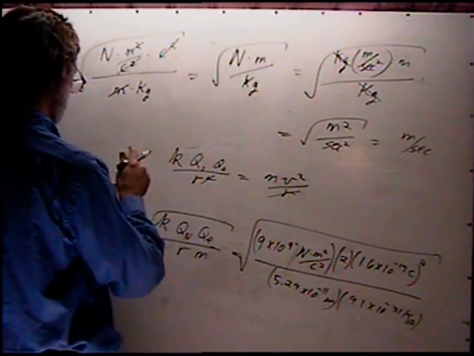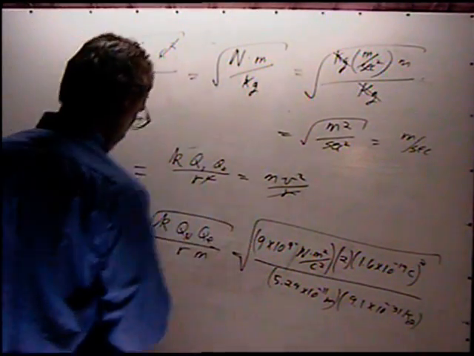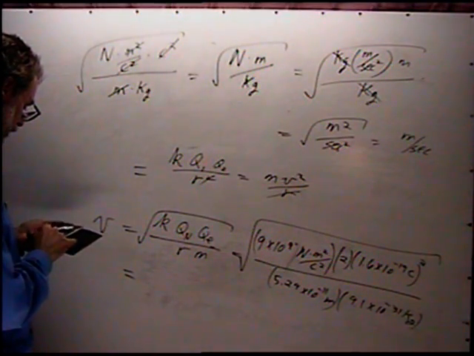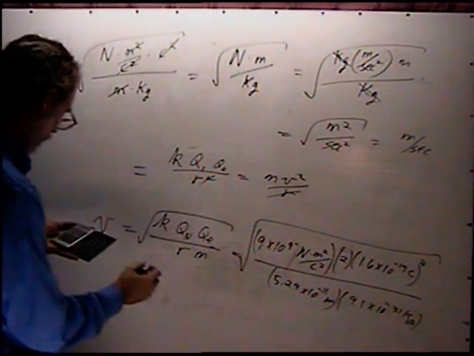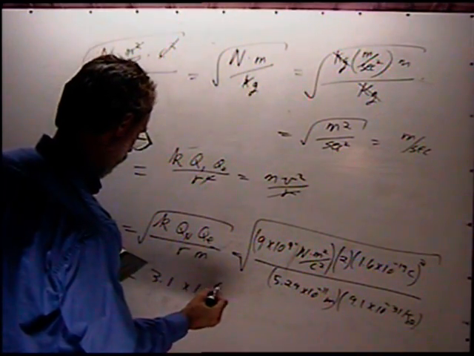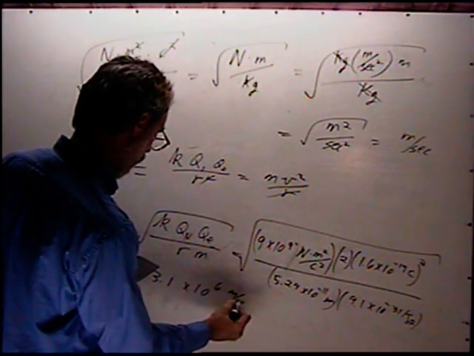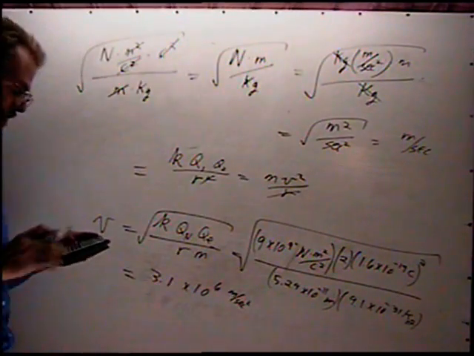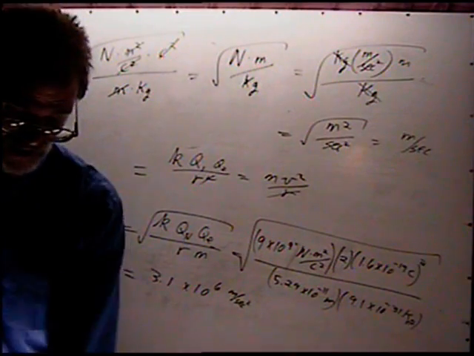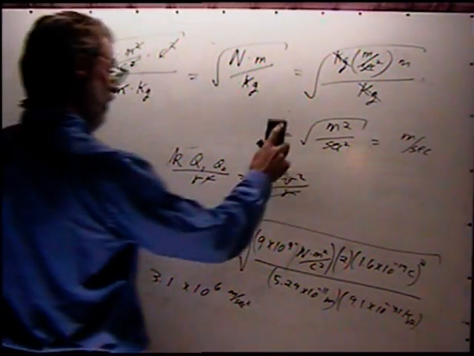Okay, and I get the velocity is equal to 3.1 times 10 to the 6 meters per second. That's a very, very fast velocity. Now, just for fun, let's do something.